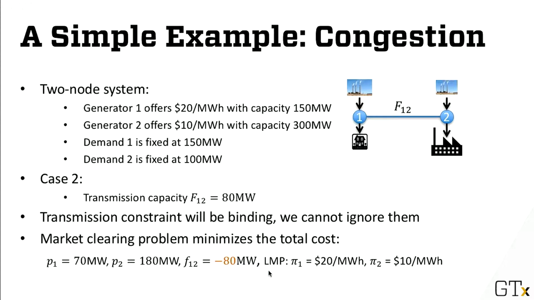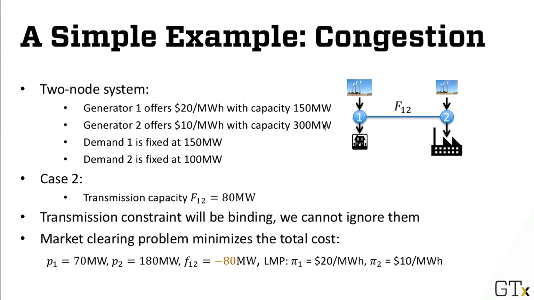So what is the marginal price? Well, let's look at load 2 first. If we increase load 2's demand a little bit, because generator 2 still has more capacity to offer, we'll use generator 2 to satisfy the extra demand at load 2 at price 10. So that's why the locational marginal price at node 2 is $10.